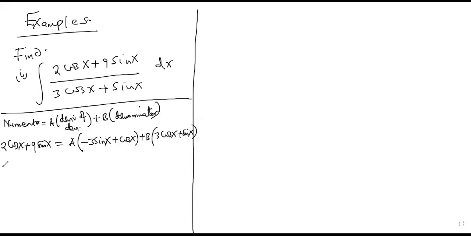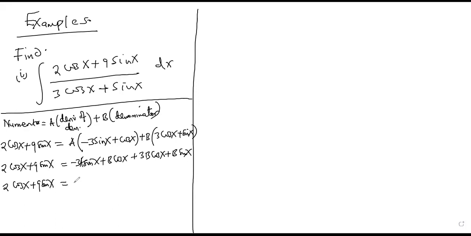Now, still go ahead and say 2 cos x plus 9 sine x is equal to, multiply so that you collect like terms, negative 3a sine x plus a cos x plus 3b cos x plus b sine x. Yes, Emily? Yeah, you missed out a cos x when opening the first bracket.